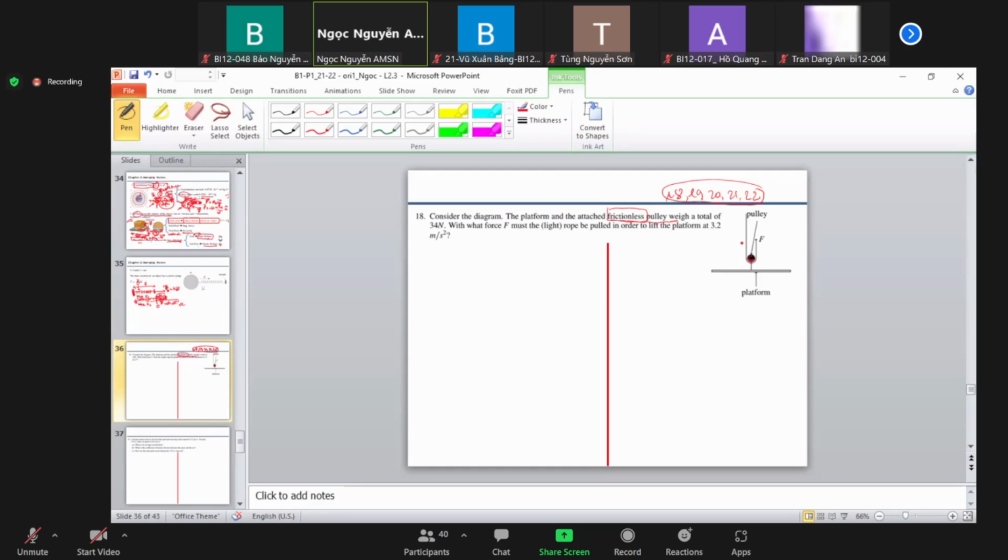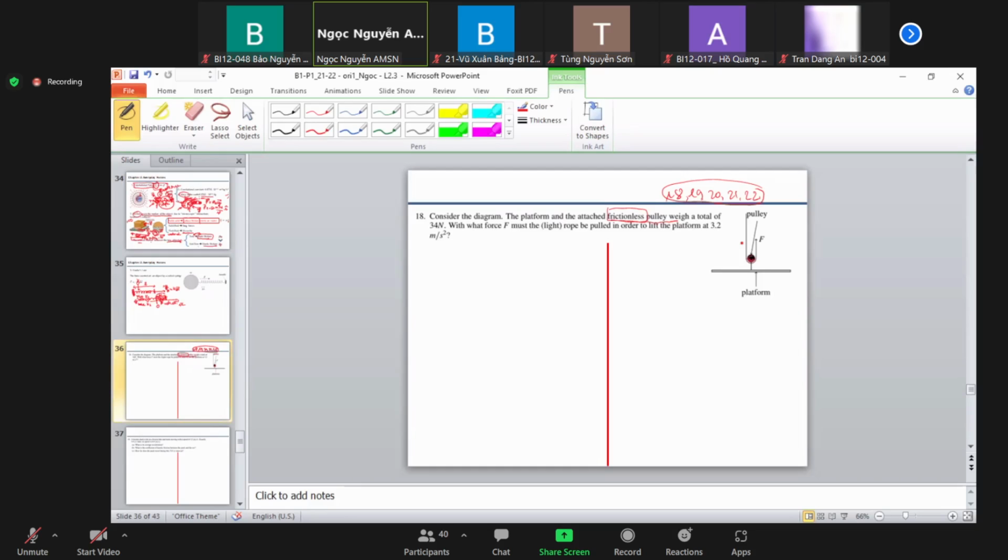In fact, you have to care about the friction between them, but it would make our problem so complicated. So that's why they put this word here. You don't need to care about the friction here.